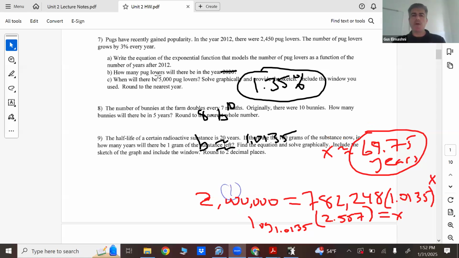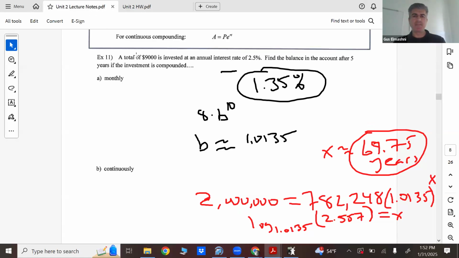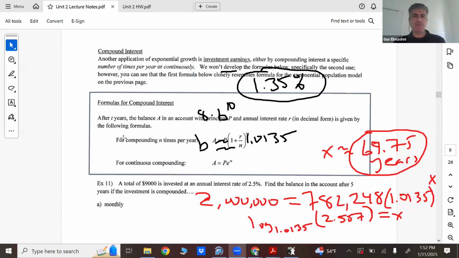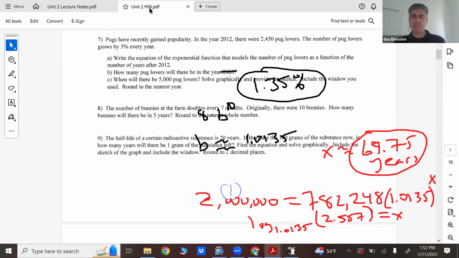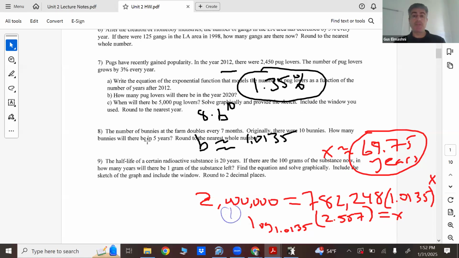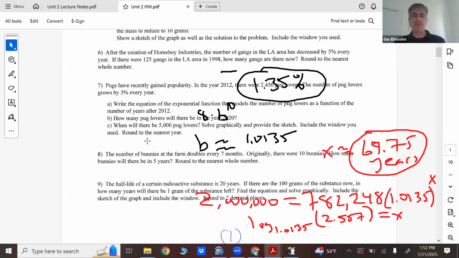Okay, let's just do one more problem. We'll wrap it up. I'm going to jump to 69.75 years. From 1990 or 2000? 1990. So the year 2060 roughly.